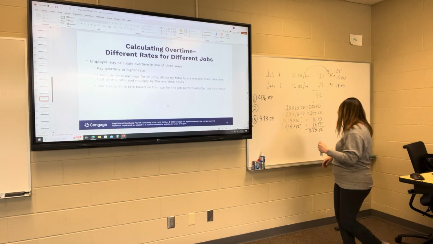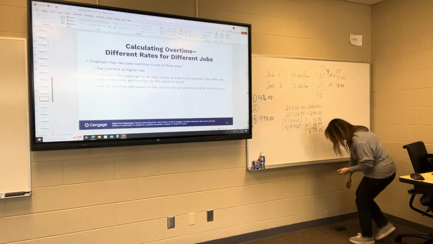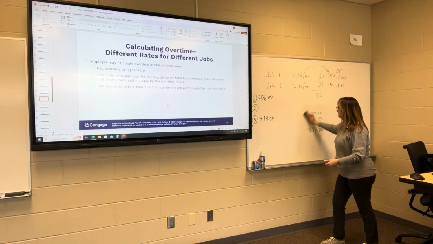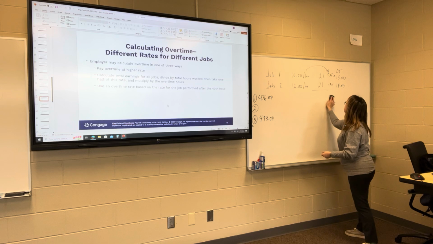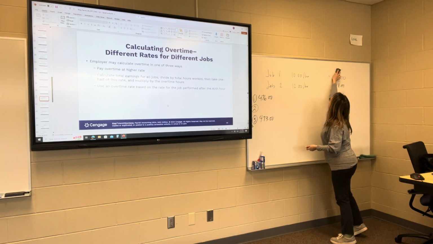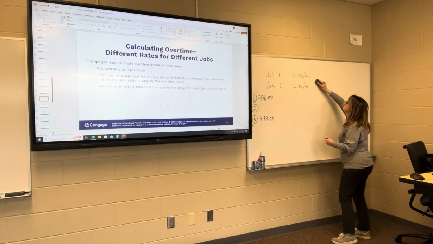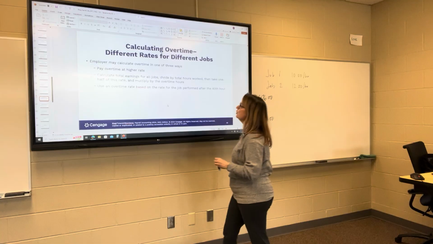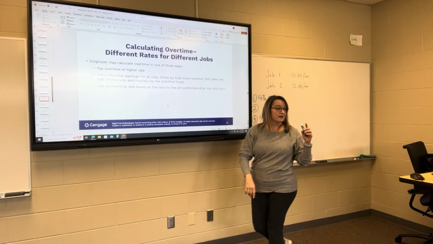All right. The second method is a weighted average. In the second method, we calculate the total earnings for all of the jobs.